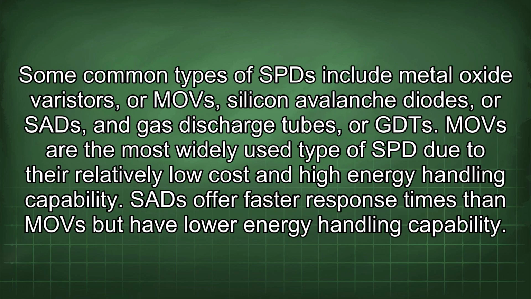Some common types of SPD include metal oxide varistors, or MOVs, silicon avalanche diodes, or SADs, and gas discharge tubes, or GDTs. MOVs are the most widely used type of SPD due to their relatively low cost and high energy handling capability. SADs offer faster response times than MOVs but have lower energy handling capability.